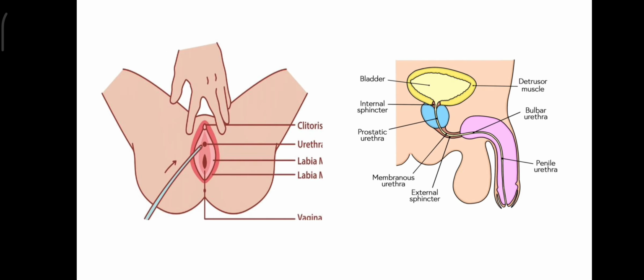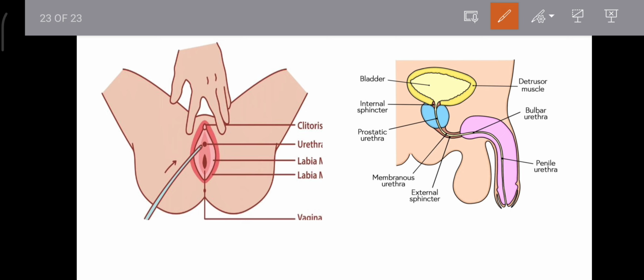Here you can see in this picture, embedded below the clitoris. This is the clitoris, and superior to the vaginal opening. This is the vaginal opening, and medial to the labia minora.